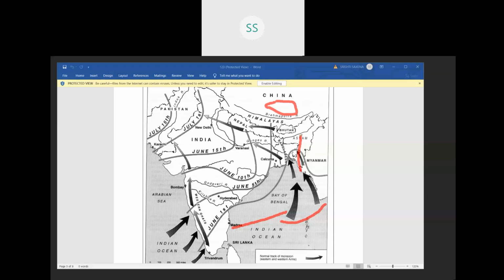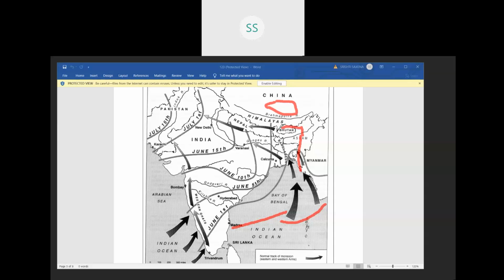So the winds are actually moving towards the plateau region. But what happens to these winds? These winds are not able to reach this plateau. Why? Because, as I'm drawing, when the winds reach here, children, there are the Himalayas. We know that because of these very high mountains, the winds are deflected.